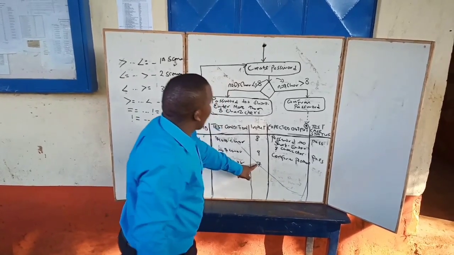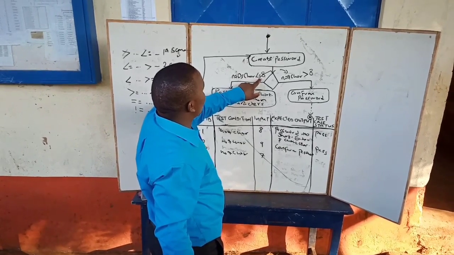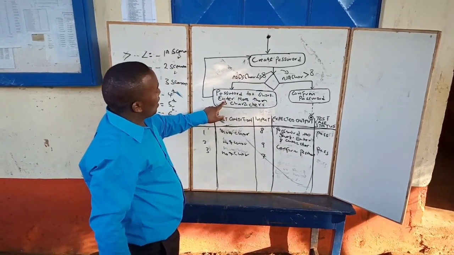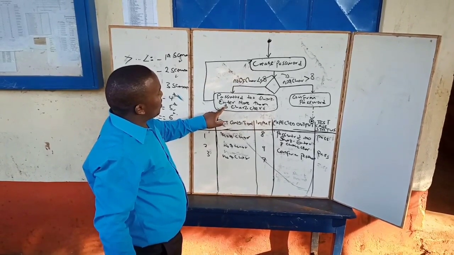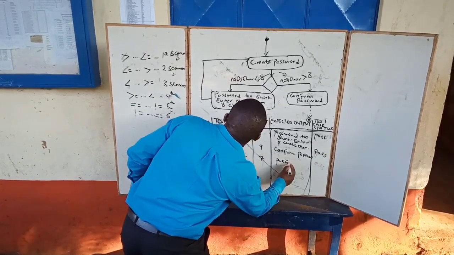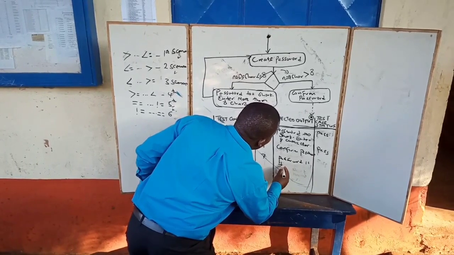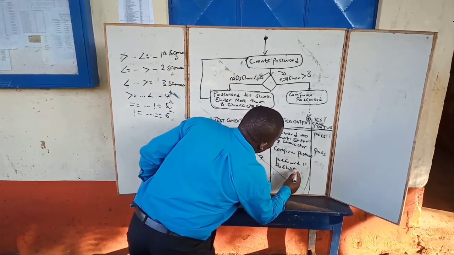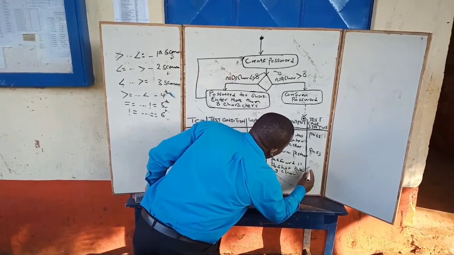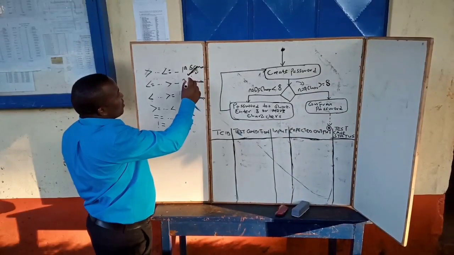This value, 7, is compared with the first condition, 7 is less than or equal to 8, that is true, and this statement, password too short, enter more than 8 characters, is executed. That was the first scenario.